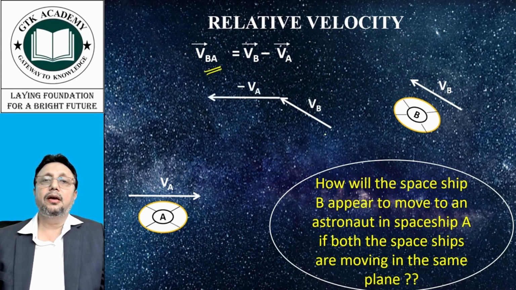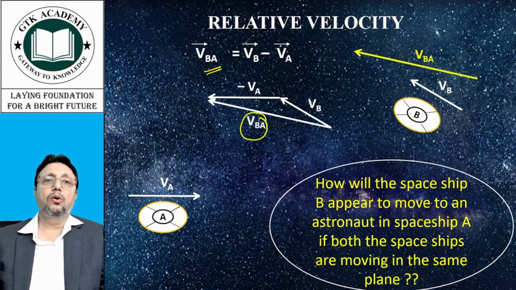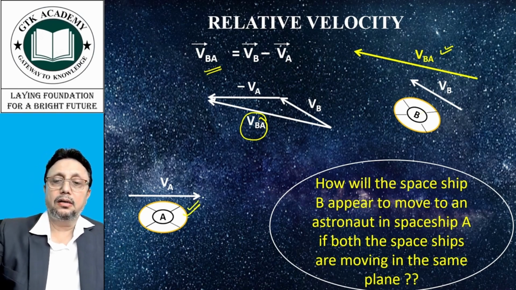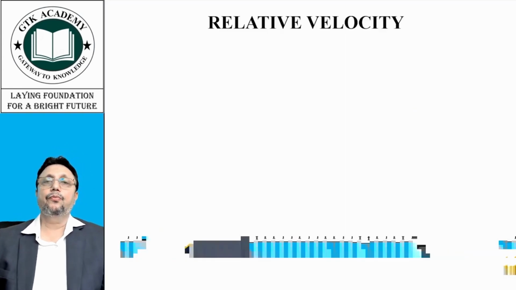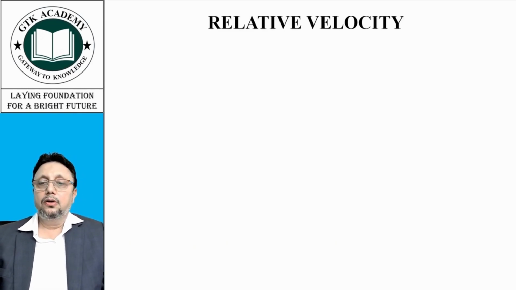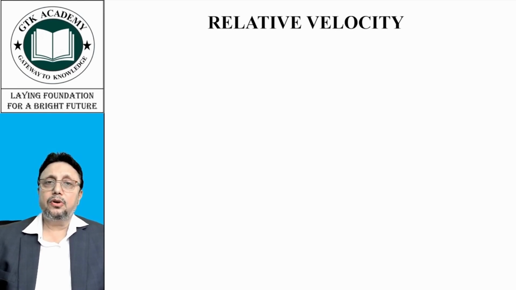This is VB minus VA, VBA, velocity of B relative to A. So this yellow arrow shows the magnitude and direction of spaceship B, which will appear to a person or an astronaut in spaceship A. I hope these examples have cleared your concept of relative velocity.